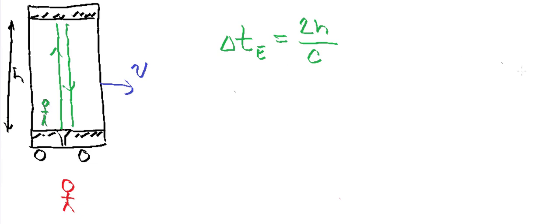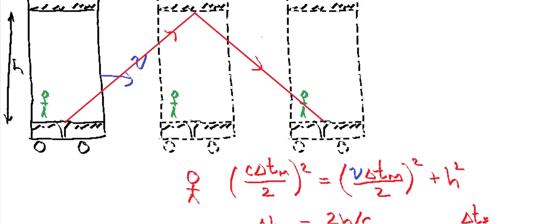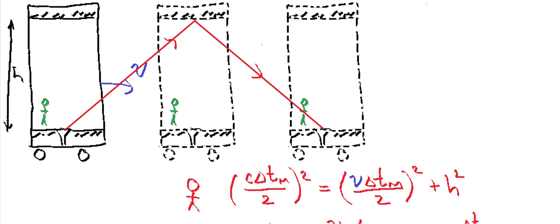So let's look at what happens from my perspective. Well, from my perspective, I see the light leave the flashlight, and I have to agree with Einstein as to what happens.